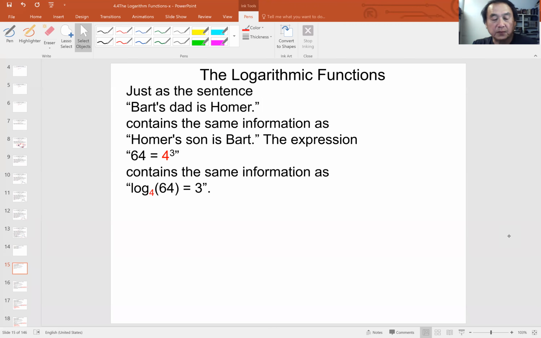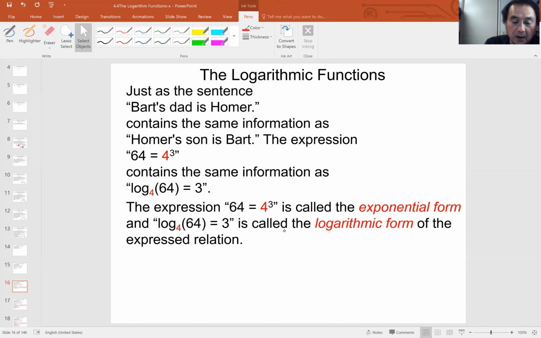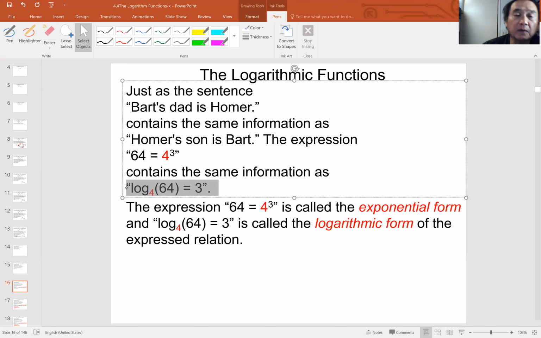So these two expressions contain exactly the same information. 64 is 4 to the third power, or log base 4 of 64 is 3. The exponent is 3. And this form is called exponential form. The other equivalent form, having the same meaning but looking different, we call the log form.